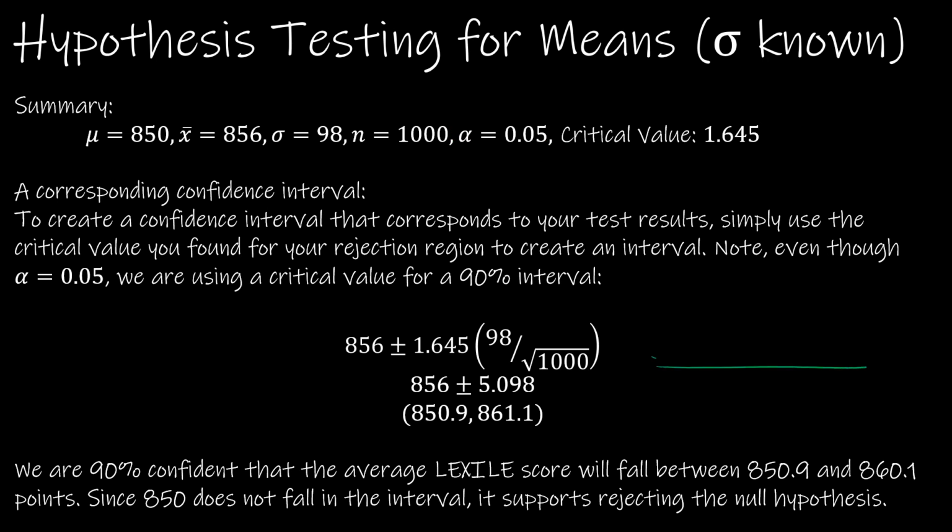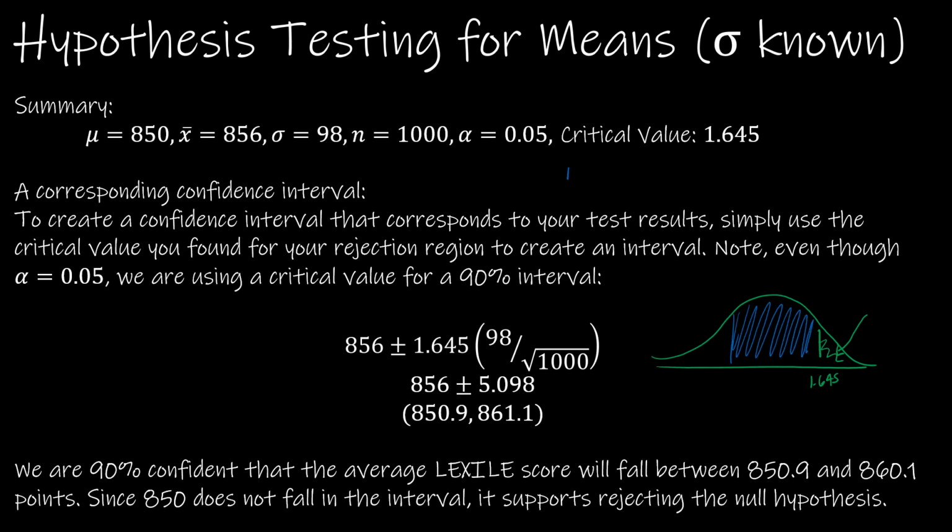What I have here is my normal model, and again, we have this 1.645, and I have found some value that's in the rejection region, so we're rejecting. What I want to do is find what's the interval of things that I can expect based on a one-tailed test.